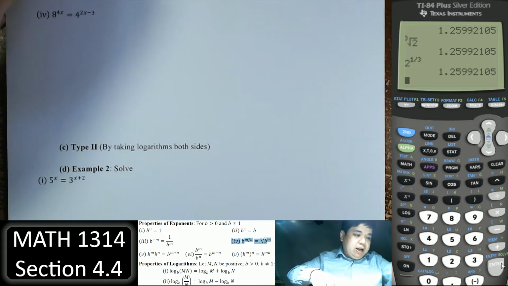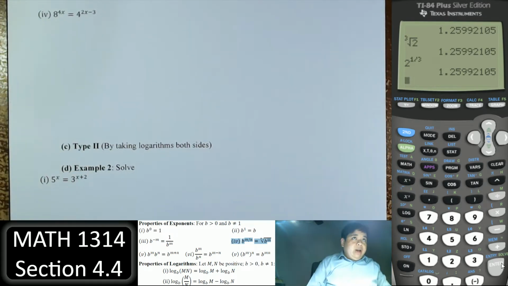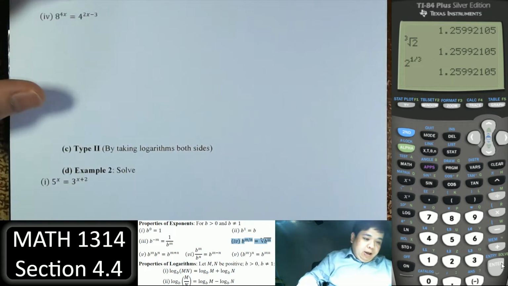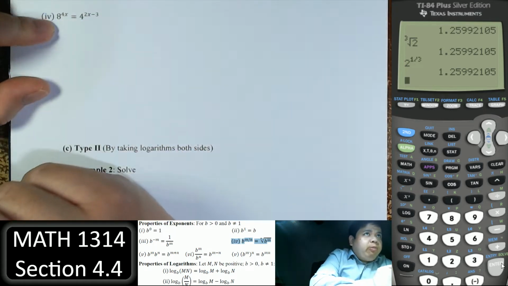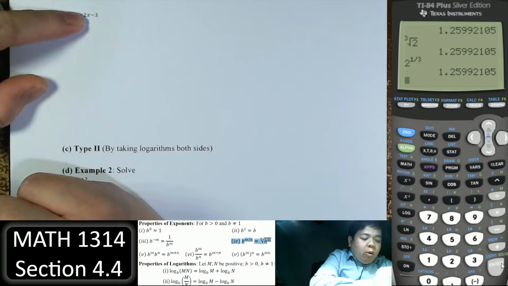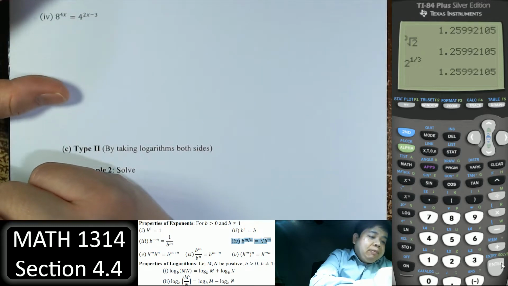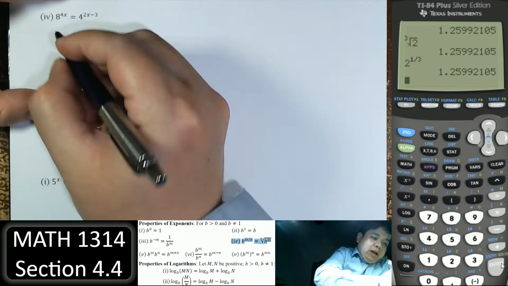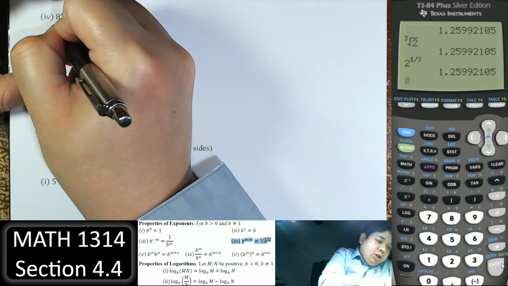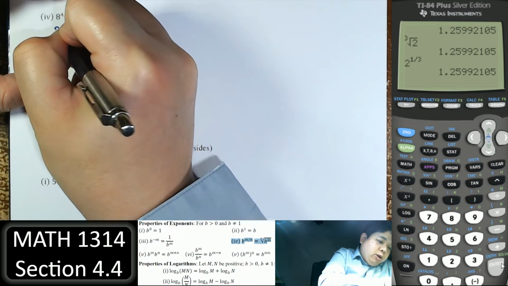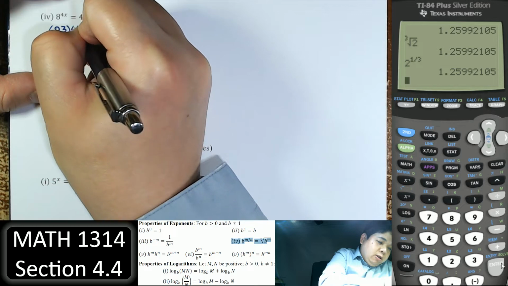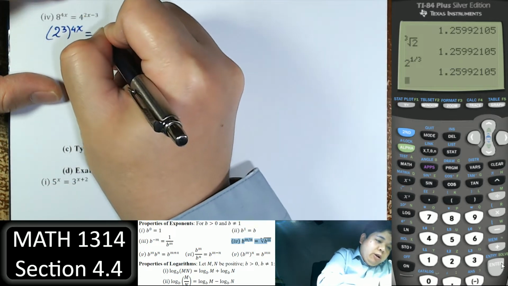Right, next we have this problem. 8 to the 4x equals 4 to the 2x minus 3. So 8, we can say it's 2 times 2 times 2, or 2 cubed. And then 4 is 2 squared.